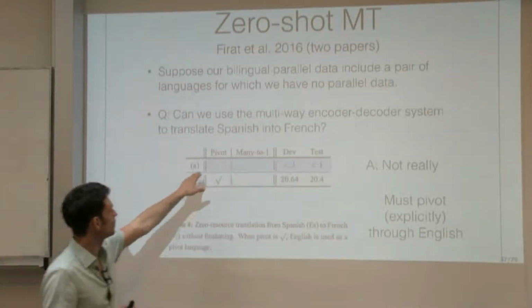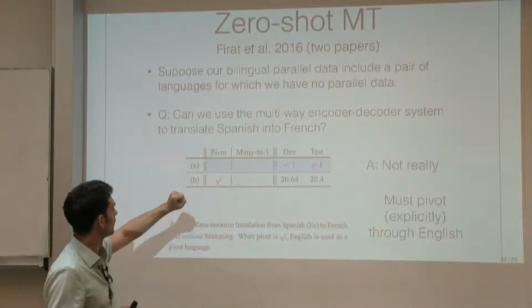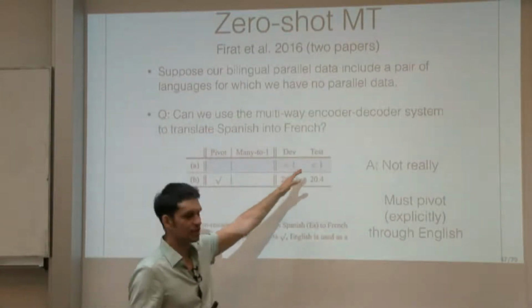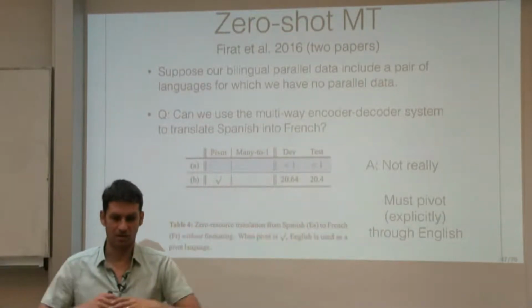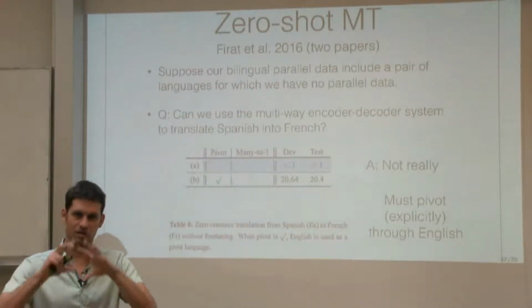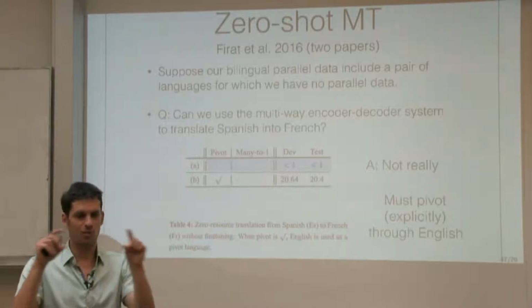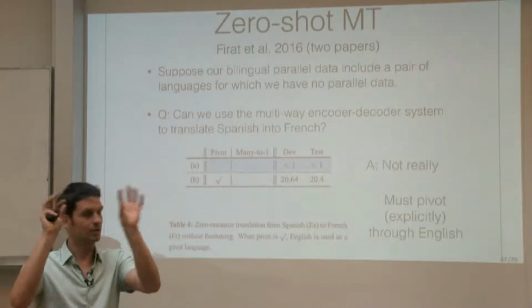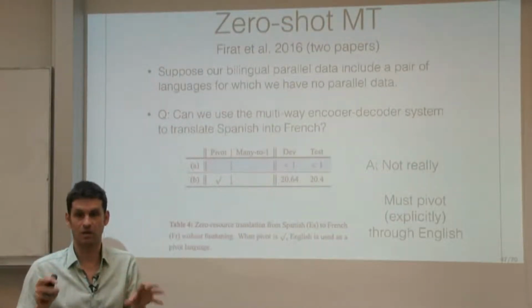Unfortunately, if you do not do the pivoting, then the performance on the dev and test sets is just horrible. If you imagine the structure of the network, you have this shared component of attention, you have the multiple encoders, and you have the multiple decoders.